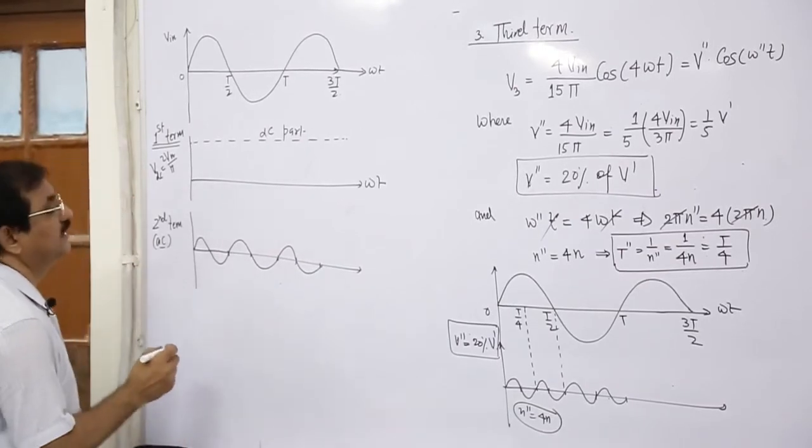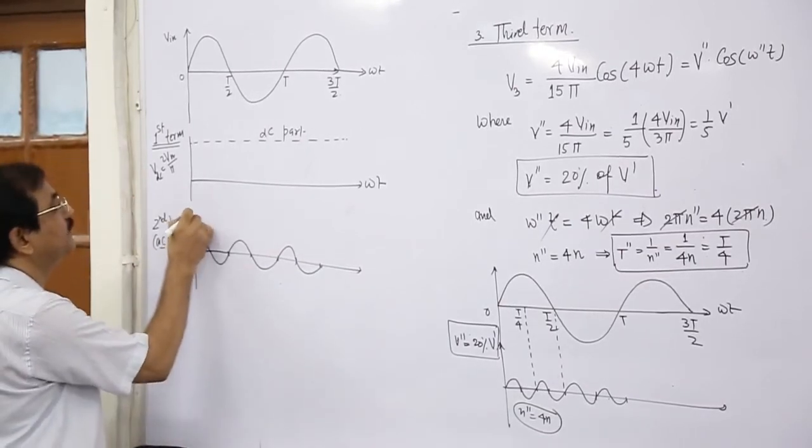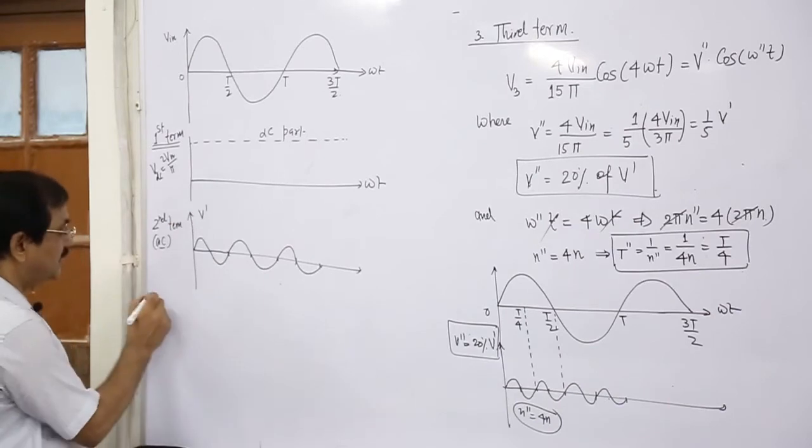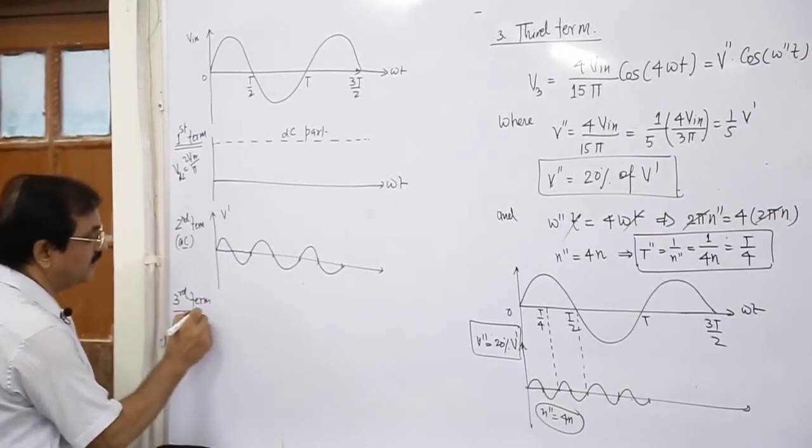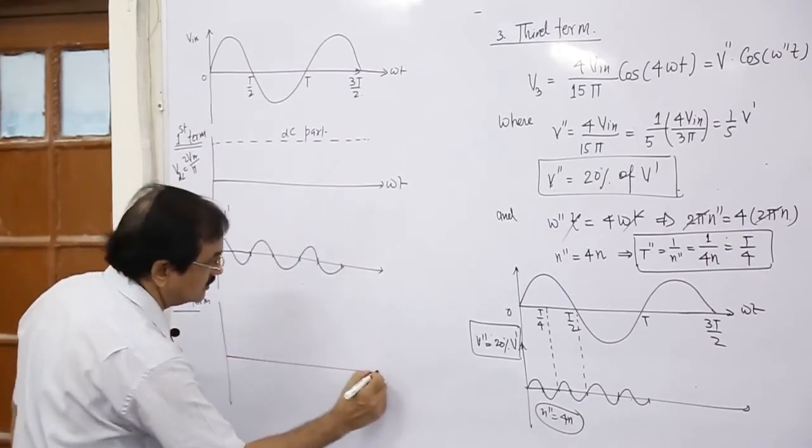This is the AC part. This component is V dash. The third term is something like this.